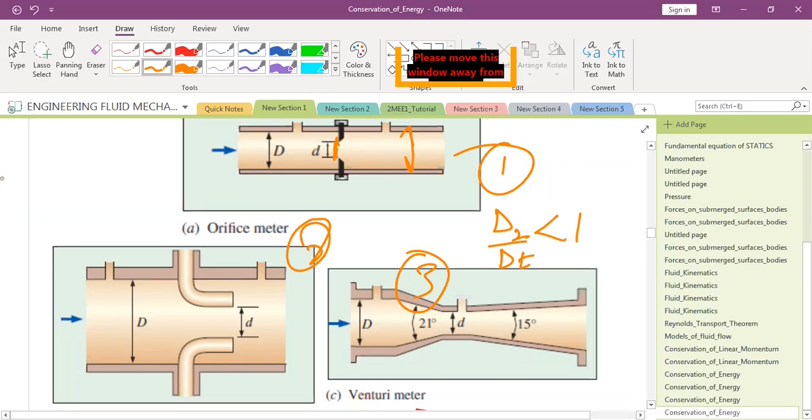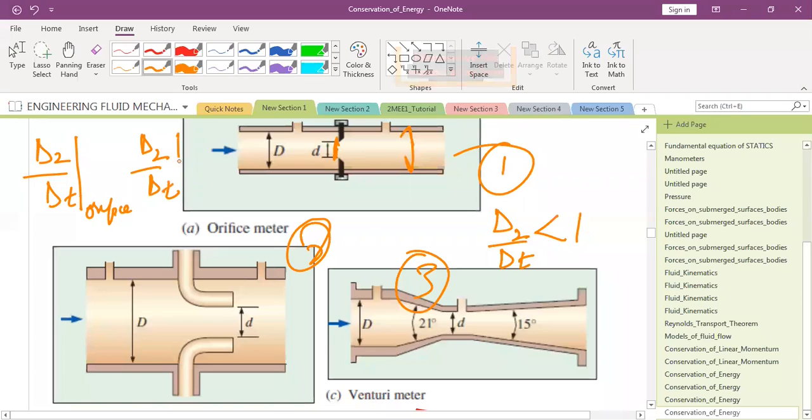So now my question is, help me out in this. d2 upon dt, this is for, say, Orifice. Then this is d2 upon dt for nozzle. And this is d2 by dt for Venturimeter. What sign should I put here? Less than, equal to, greater than what?